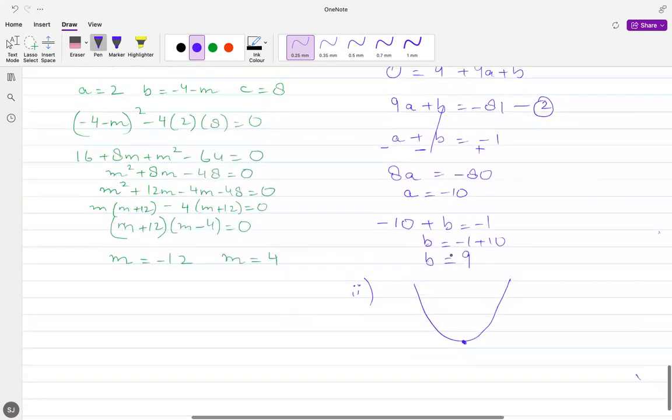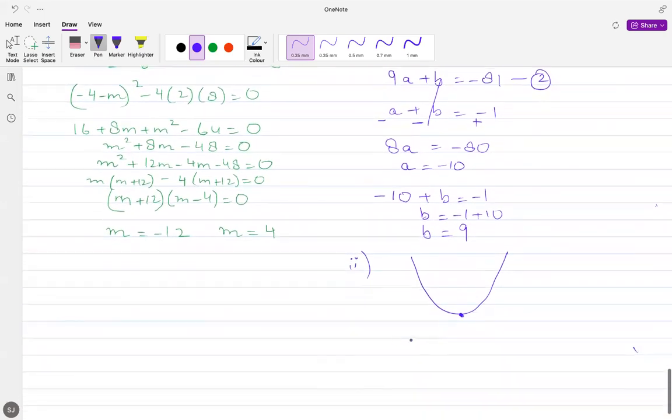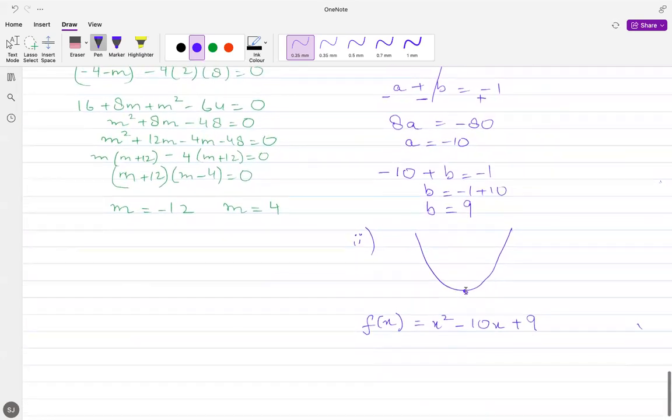As we already have the values of a and b, and the equation was x squared plus ax plus b, we can write f of x equals x squared plus ax plus b, where a is minus 10. This will become x squared minus 10x plus 9.